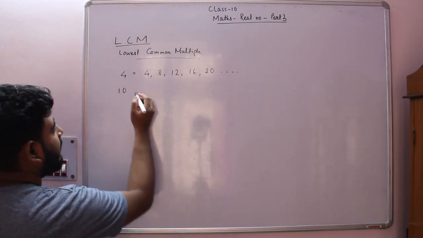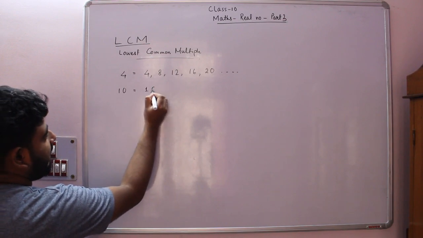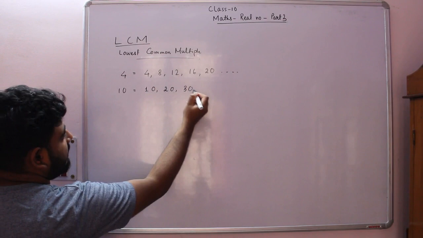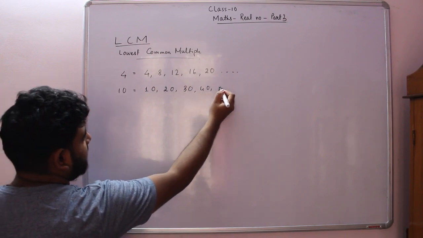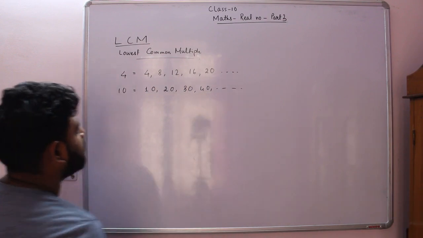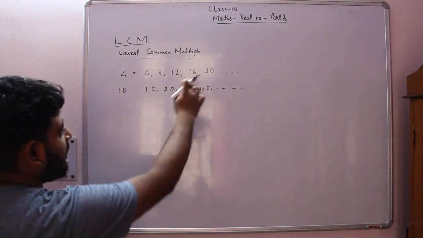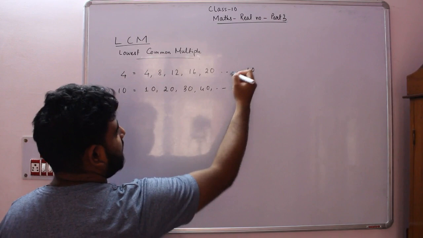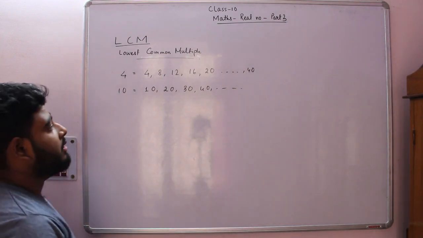And multiples of 10: 10 1s are 10, 10 2s are 20, 10 3s are 30, 10 4s are 40, and so on. If we go on, 4 10s are 40.